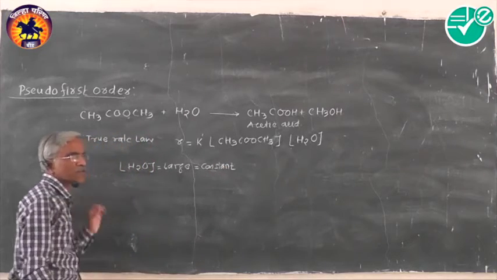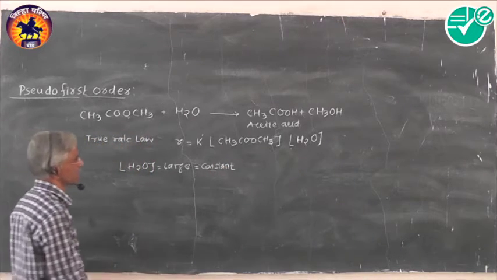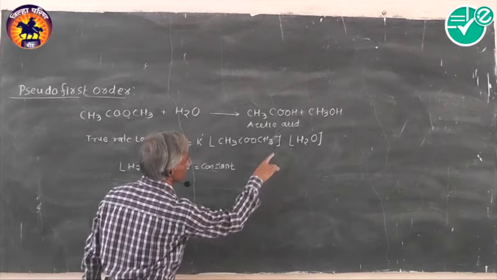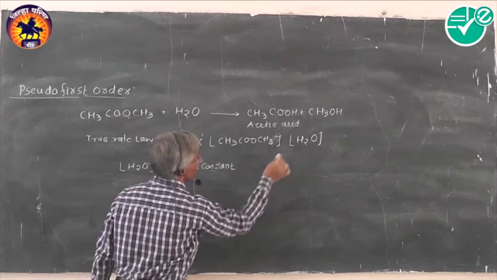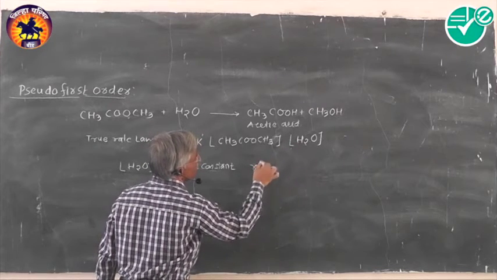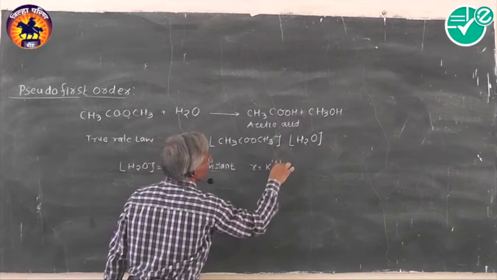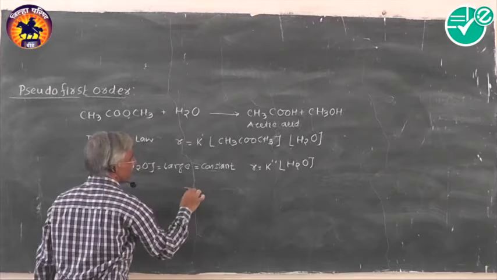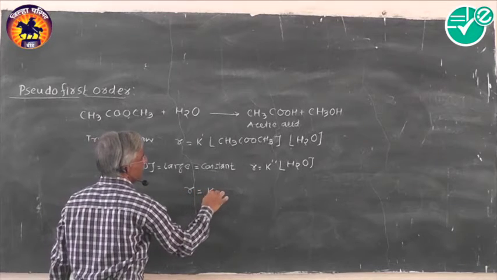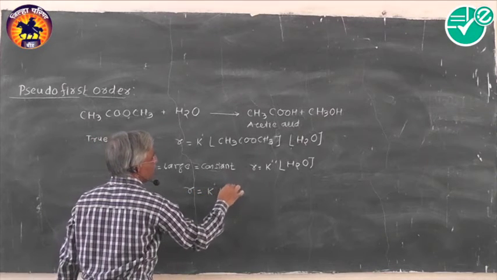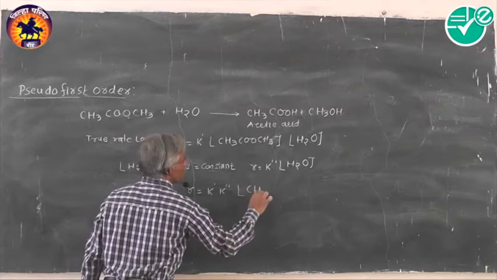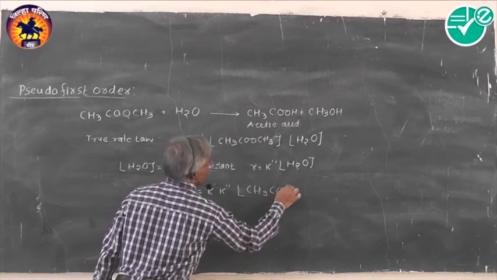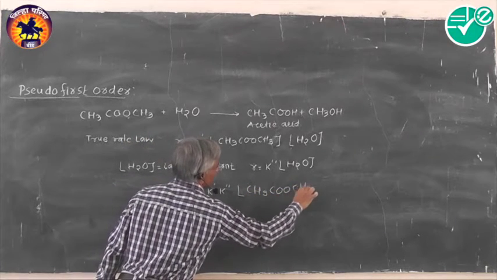The number of moles of it are always constant. Therefore, this rate with respect to K will be equal to some K double dot moles of H2O, and therefore I can write R equal to K double dot concentration of CH3COOCH3.